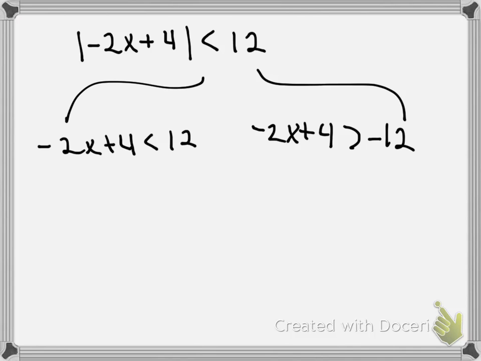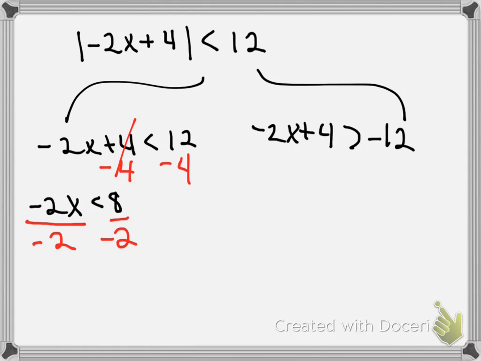So first, let's do negative 2x plus 4 less than 12. We subtract 4 to get rid of it. So we end up with negative 2x is less than 8. Now we divide by a negative 2, and because we're dividing by a negative, we need to flip that inequality symbol. So now we have x is more than negative 4.